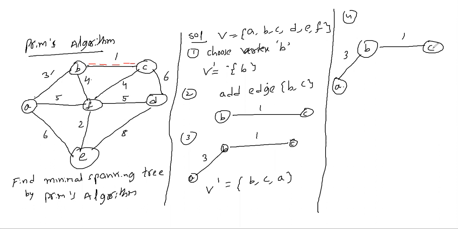So what am I doing for A? What is the smallest value? Everyone see carefully. From B, you have to add the smallest values. B to F. For B to F, the weight is 4. Okay. So now B to F.